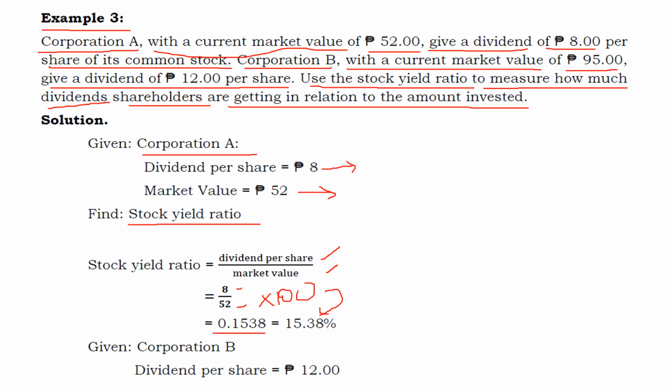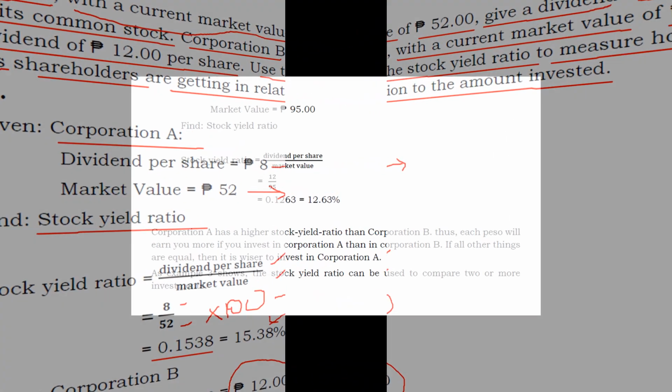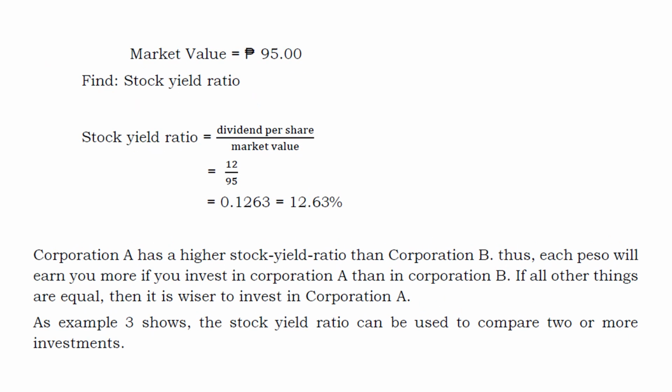Now, going to Corporation B, the dividend per share is 12 pesos, and the market value for Corporation B is 95 pesos. Again, we're asked for the value of the stock yield ratio.